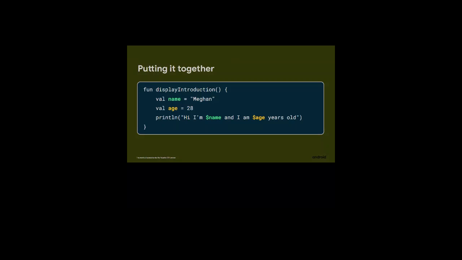If you put it together, here you can see an example. First we have a function. Inside that we are defining a variable called name, and we're giving it a value. Now if you observe here, we're not specifying the type, because when you give it a string, it will automatically realize that the data type is a string.